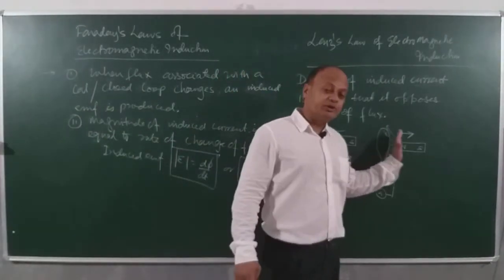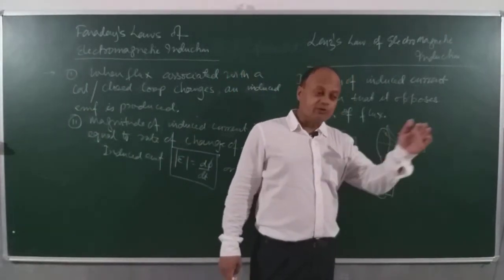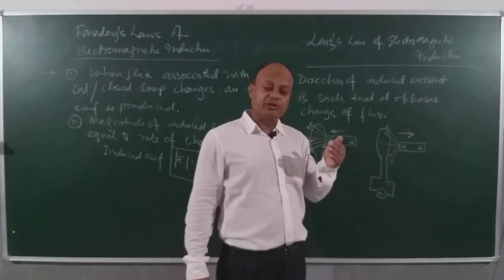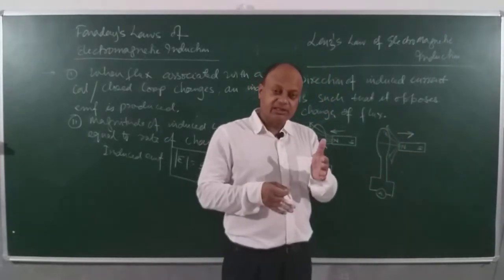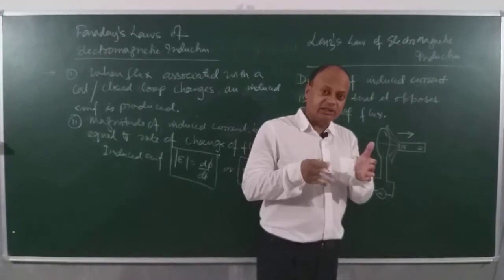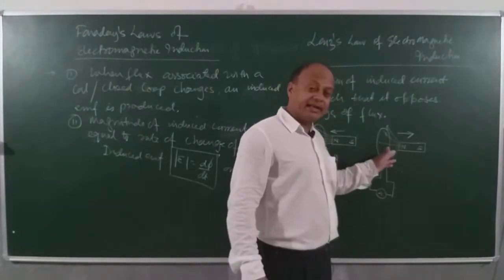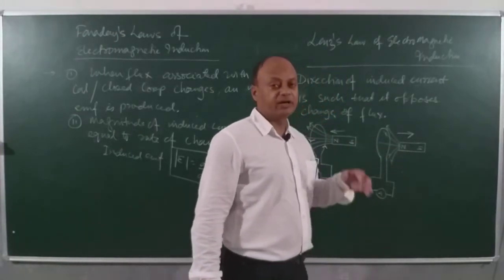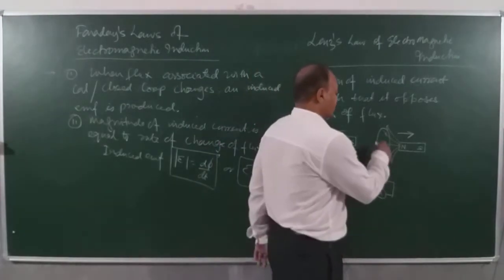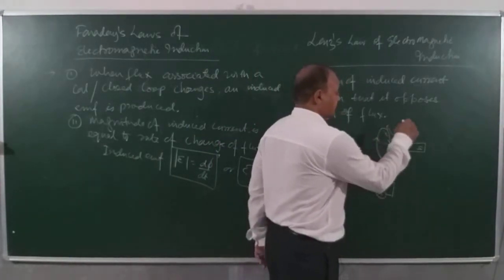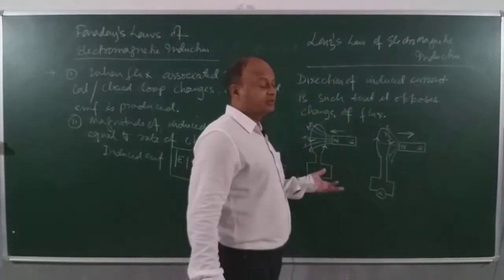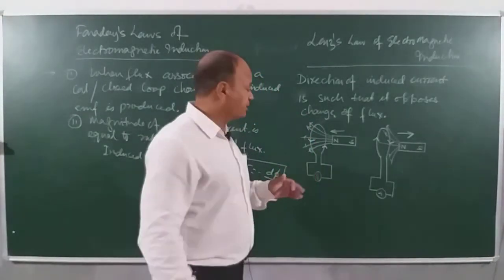However, when the north pole is going away, it will try to do what? Pull the north pole towards itself, so the flux remains what? Constant. Therefore, it has to attract the north pole, and for attracting the north pole, it will produce what current? A clockwise current. So, you can very well understand it, but you can remember a general rule.